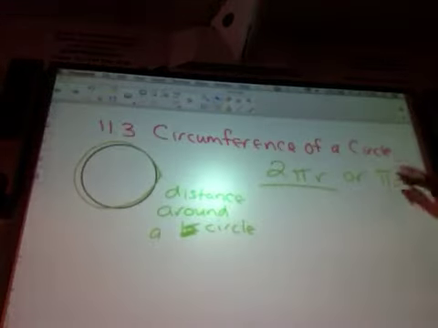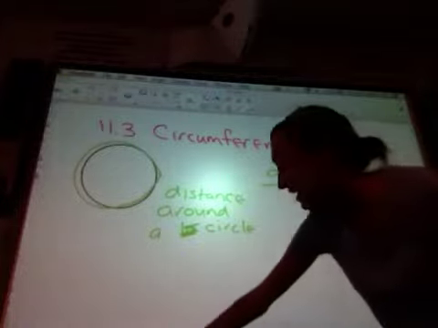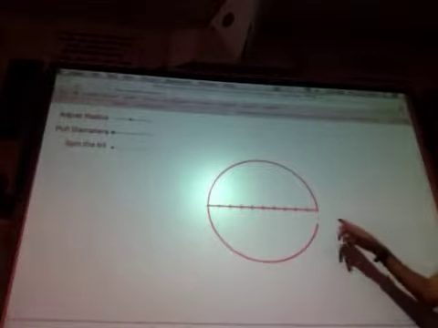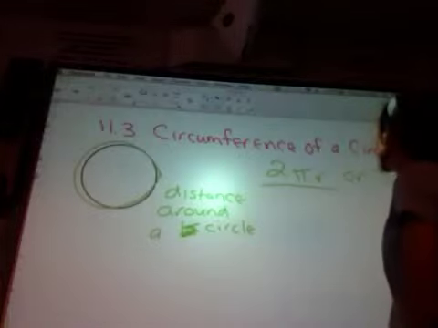You take diameter times pi. Pi is 3.14. So where the formula comes from is it's approximately 3 diameters and a little bit more to get around, and that's why they call it pi times diameter. These mathematicians, they make sense.